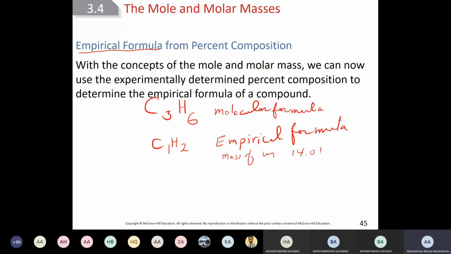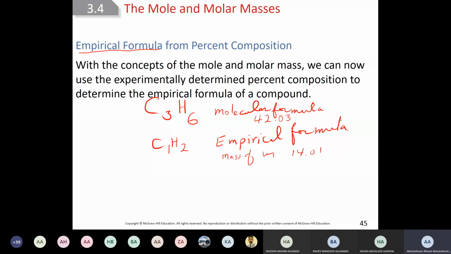What's the mass of the molecular formula? 42. Is there any relation? Divided by 3.